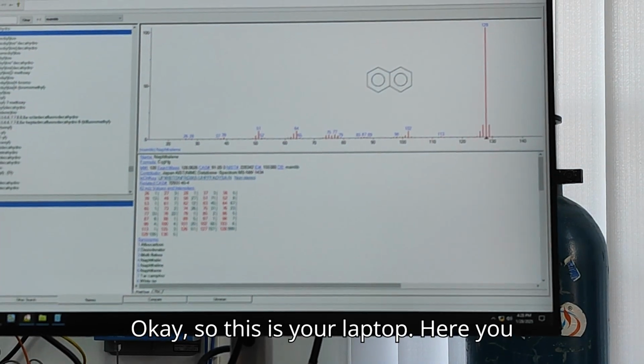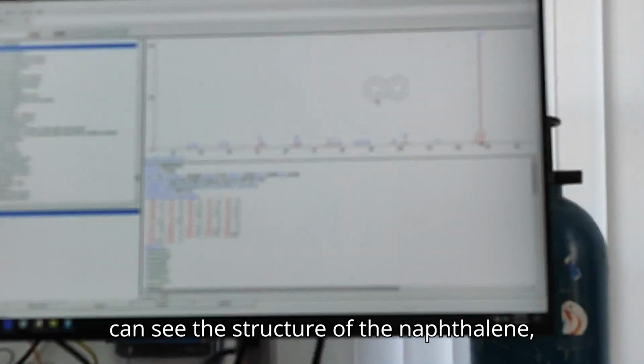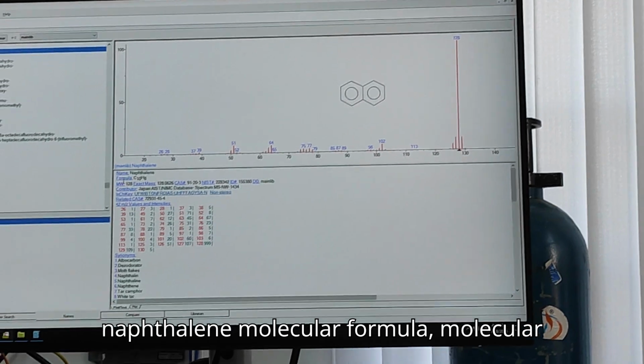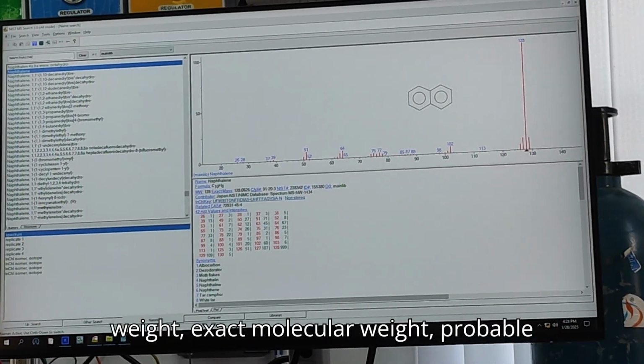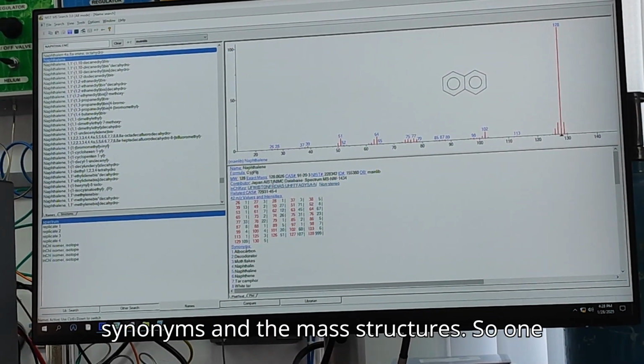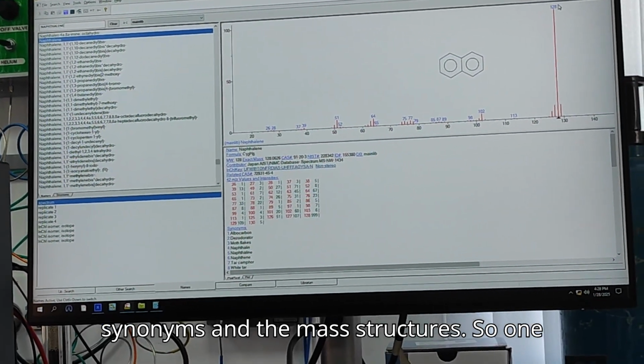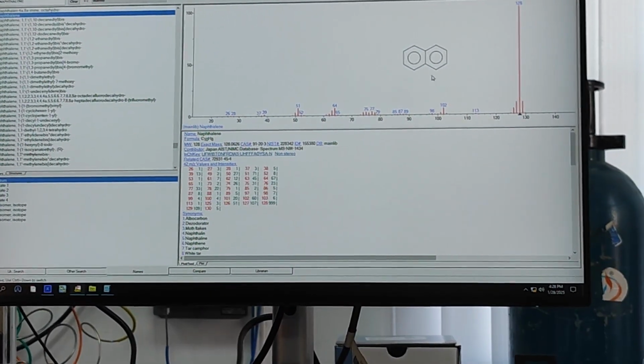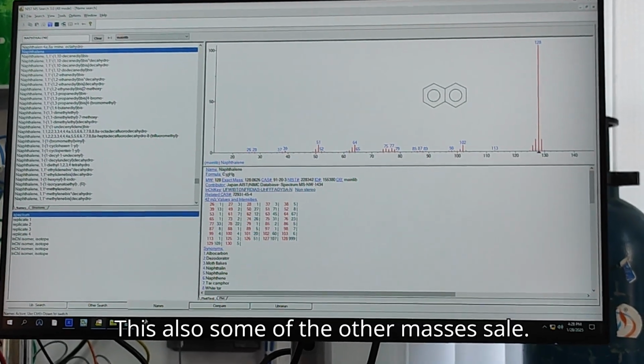So this is naphthalene. Here you can see the structure of naphthalene, molecular formula, molecular weight, exact molecular weight, synonyms and the mass spectrum structure. So 128, 128, and some of the other masses are the same.